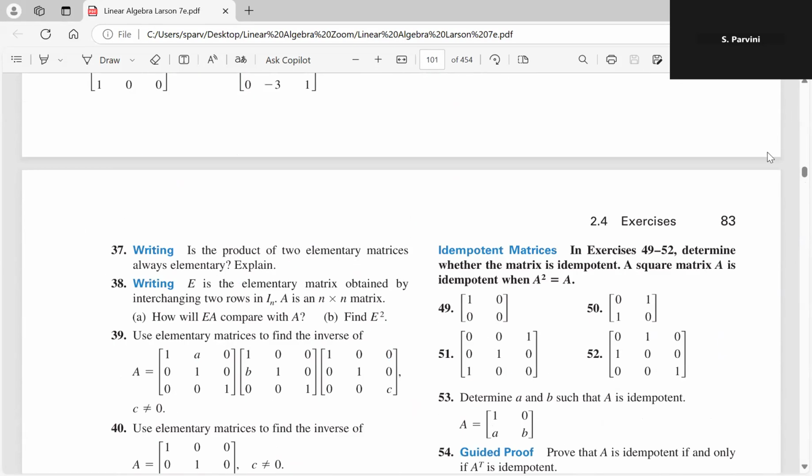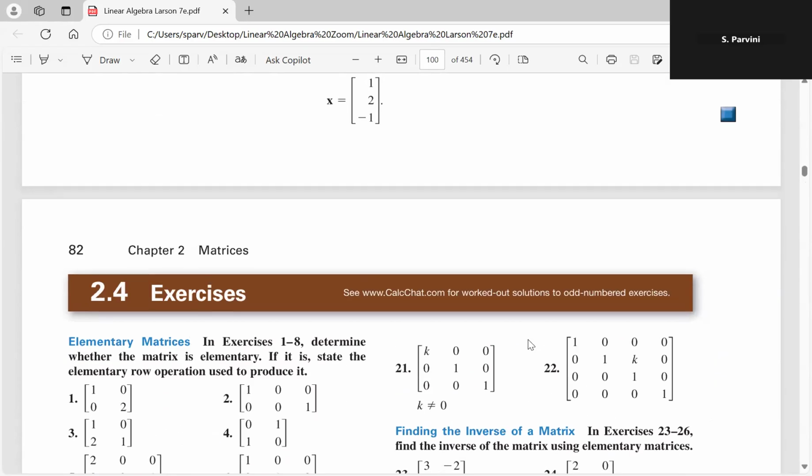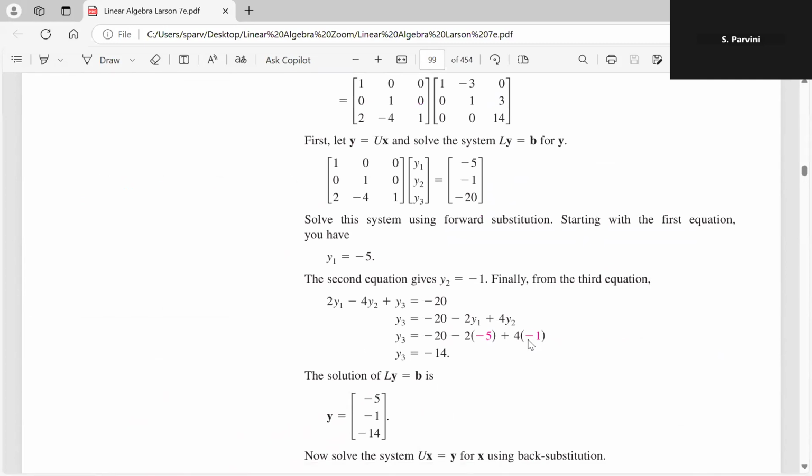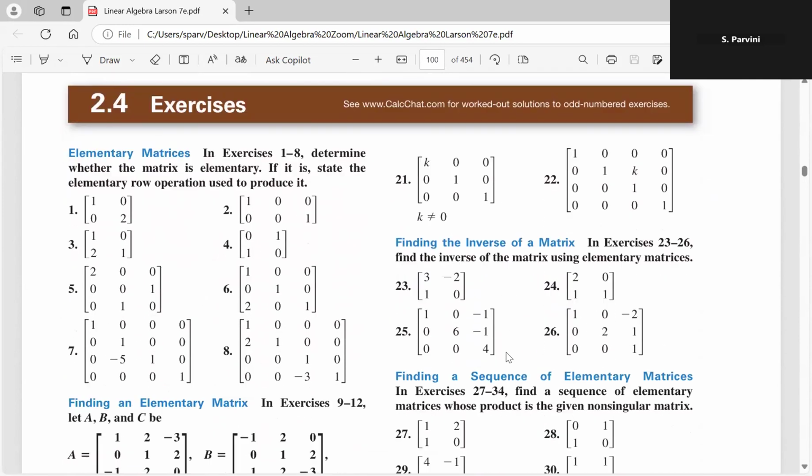Hold on. Okay, section 2.4. By the way, we're done. That was at the end. The result of this section is what you see here. We'll do an example in a moment, but let's go through some basic ones, and then hopefully we get to solving systems using LU factorization.